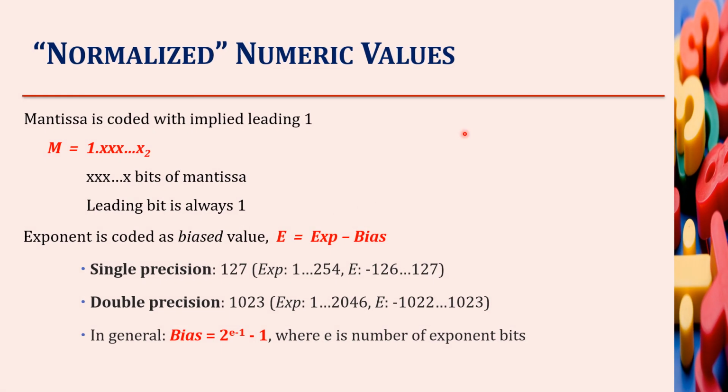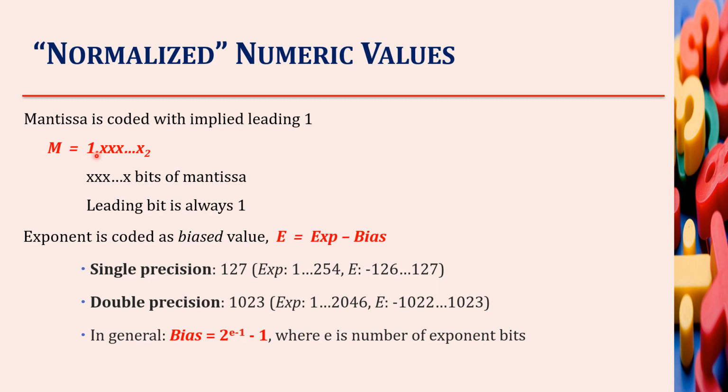Floating point numbers need to be represented as a normalized number. In the case of a normalized number, the mantissa is coded with an implied leading one. So the binary point will be placed immediately after this leading one bit. Okay, so the mantissa can be represented as 1.xxx bits of mantissa. Right?